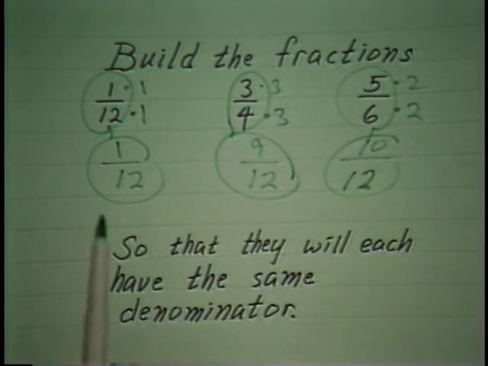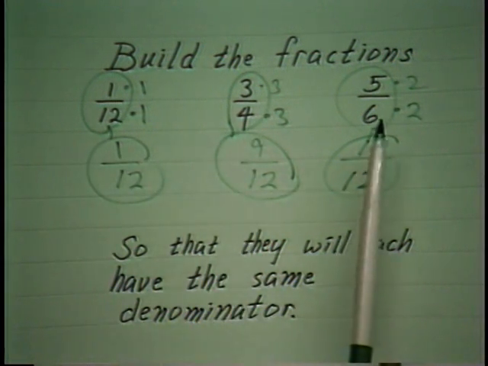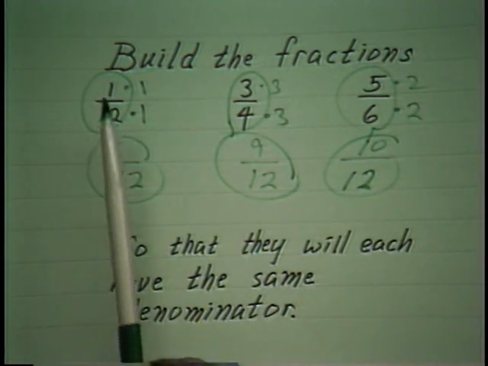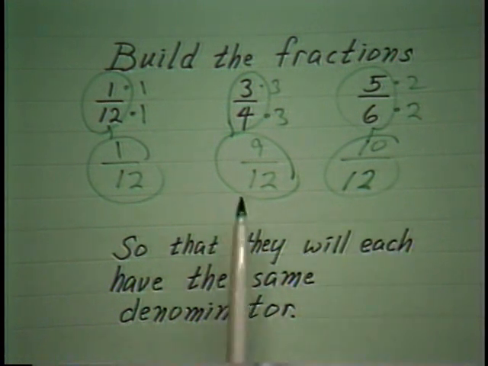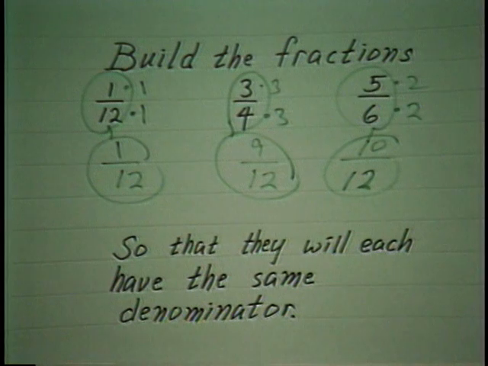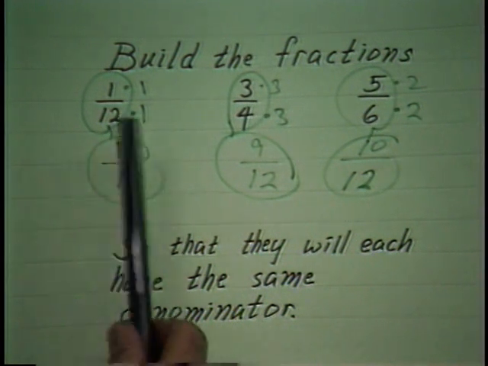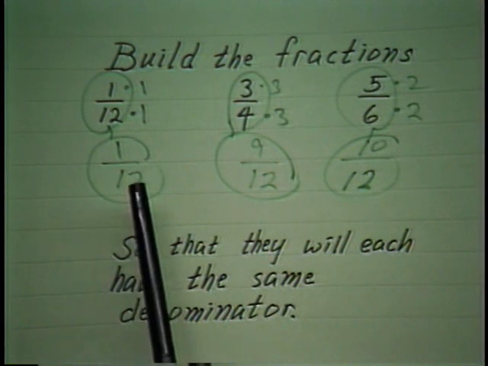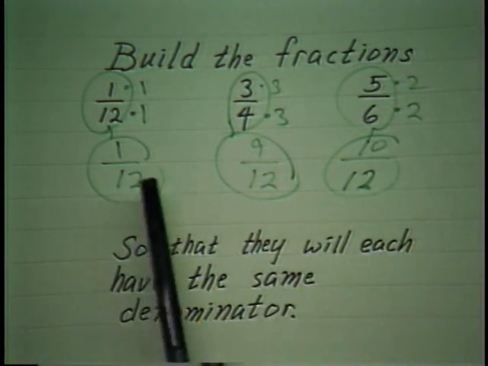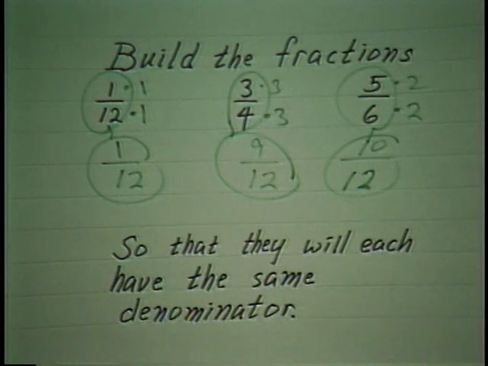But now I started with 3 fractions that had different denominators. I have the same 3 fractions in value now, but they all have a common denominator. Now as it turns out, these 3 denominators would have also divided into 24, 36, and many others. 12 happens to be the smallest number.